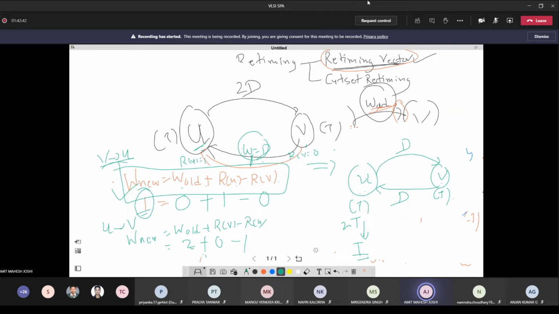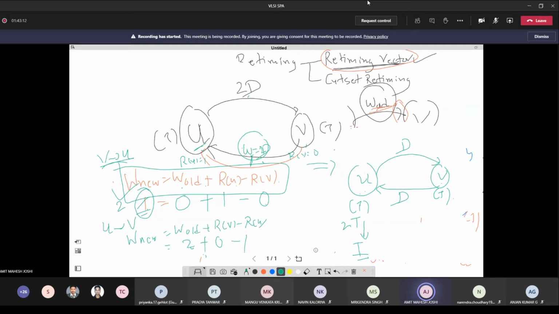If you put 2, 3, 4 for this W new value, let's say I am putting 2, then ultimately it says that I am interested in 2D, but it will create a problem for you, because if 2D is brought over here, your critical path will shift. First of all that, and second, I always need to think about how efficiently I can apply the retiming concept.